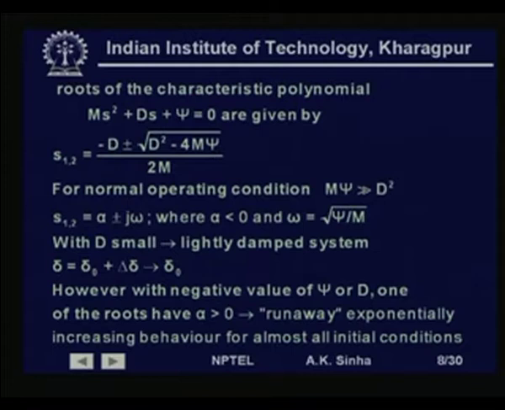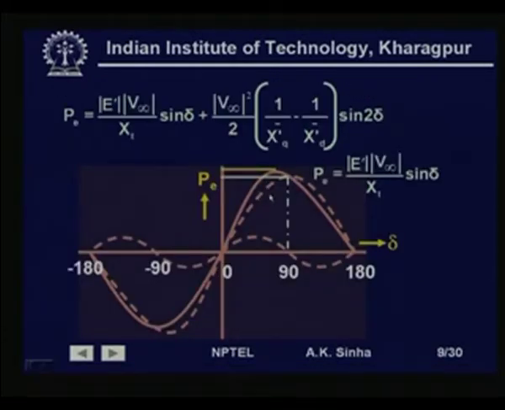And this is what we have seen here, that if psi becomes negative, that is, we try to operate in this region, then we lose synchronism, because any small change in PM where we would like to raise the output, in fact when we change PM by a small amount, increase it, then delta angle increases, but PE reduces, which means the difference increases and the rotor will keep on accelerating.